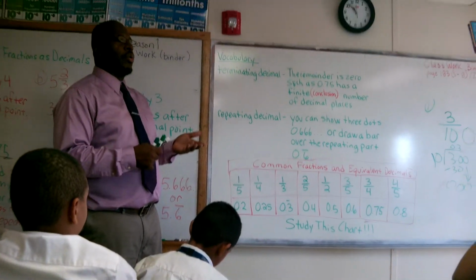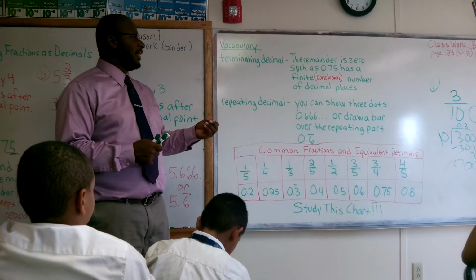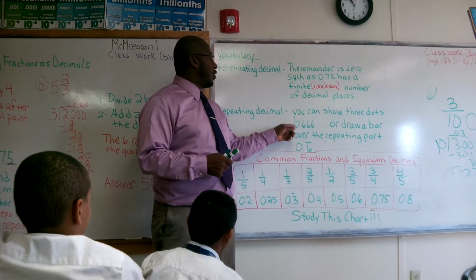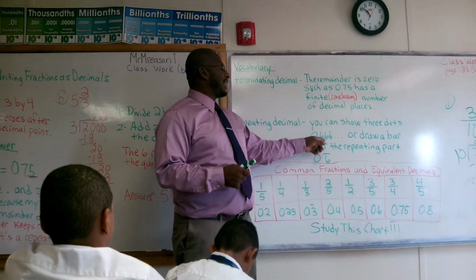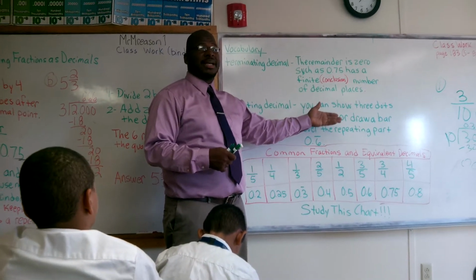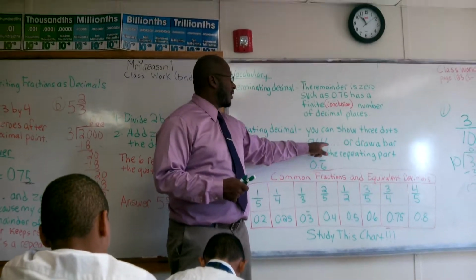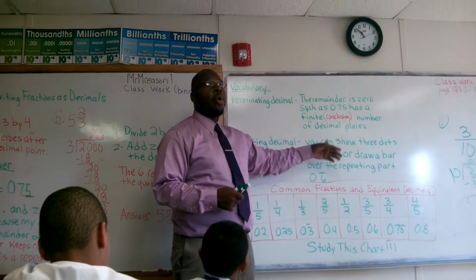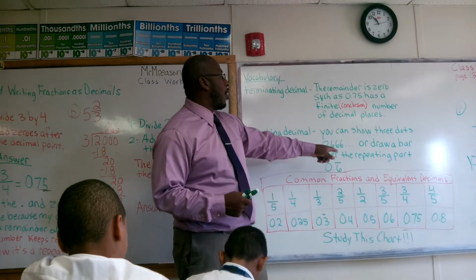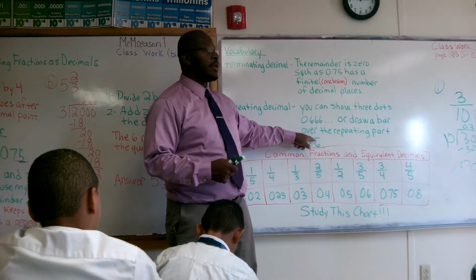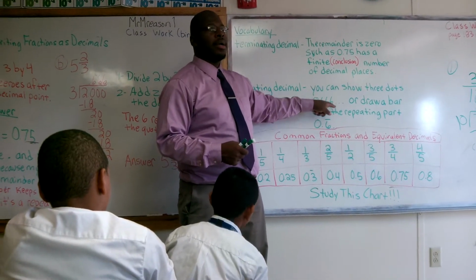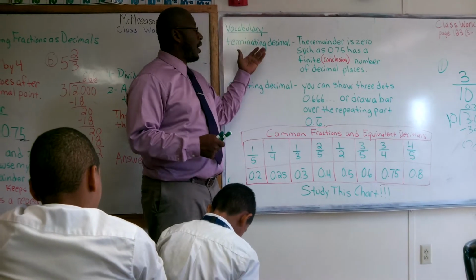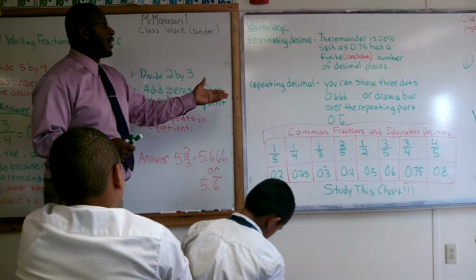And you can show a repeating decimal in 2 different ways. Either you write 0.666 or whatever the number is, 777, 888, 333, and you write 3 dots, or you just draw a bar over the repeating part. So these are the 2 ways you write a repeating decimal. Our 2 vocabularies: terminating decimal and repeating decimal.